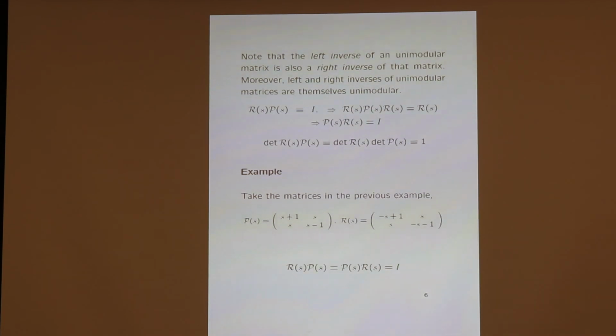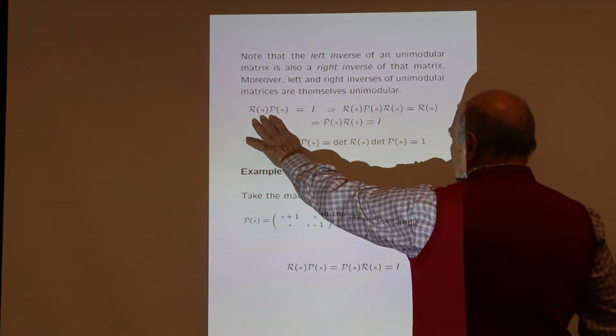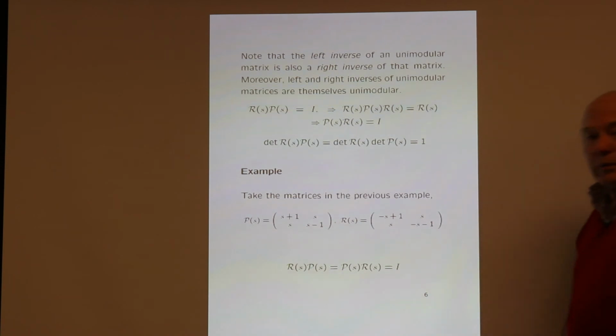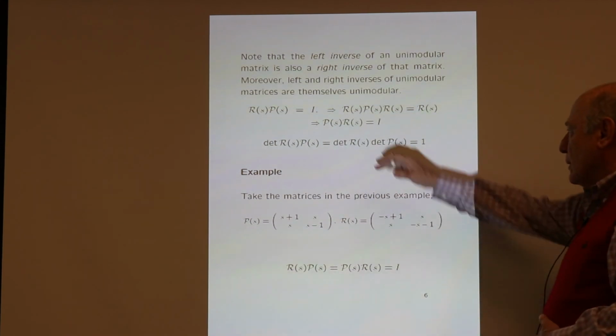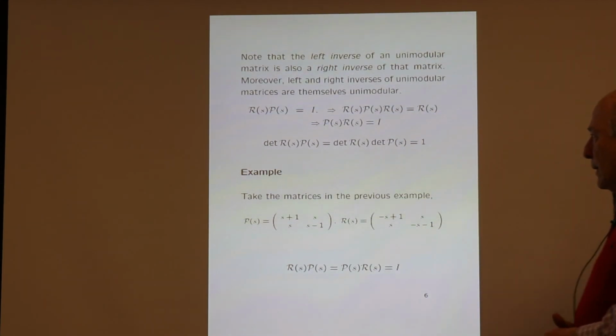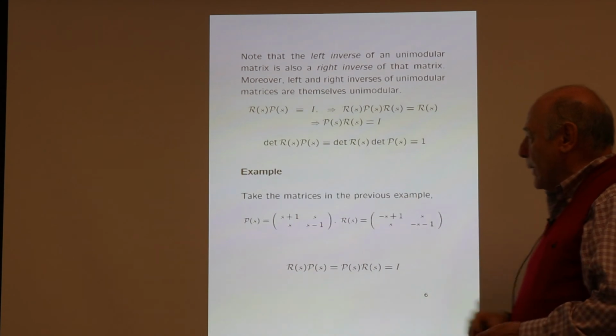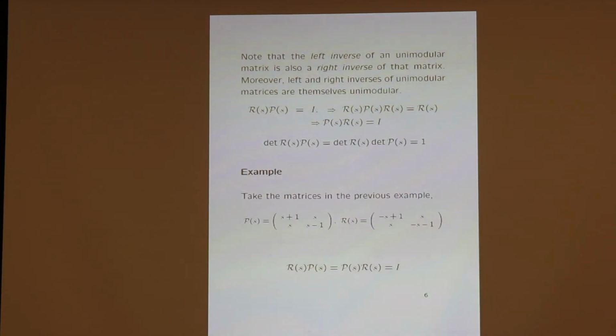So anything that was a left inverse of P is also a right inverse of P. So it goes both ways. And the determinant will always be a constant. In this case, the determinant of the product of those two matrices is just 1.